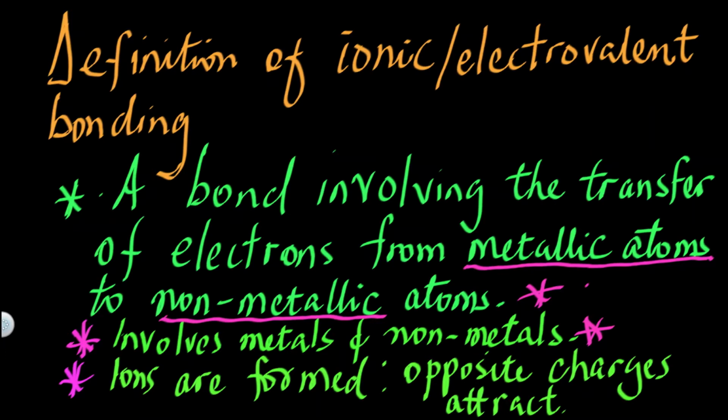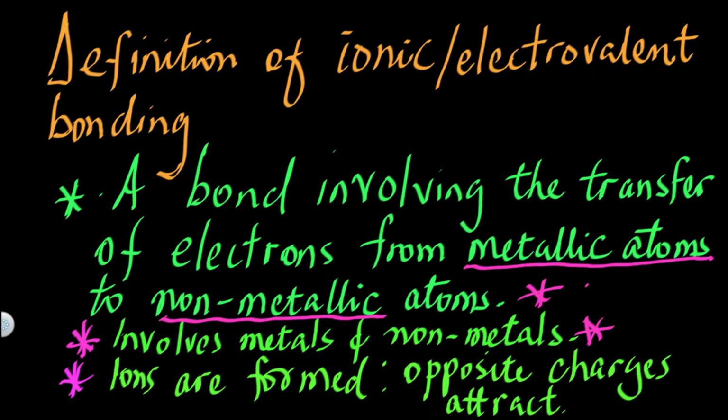So when the metallic atoms lose or transfer these electrons, they form positive ions, what we call cations. And the non-metallic atoms, when they gain the electrons, become negatively charged, and they form what we call anions. This is very important.